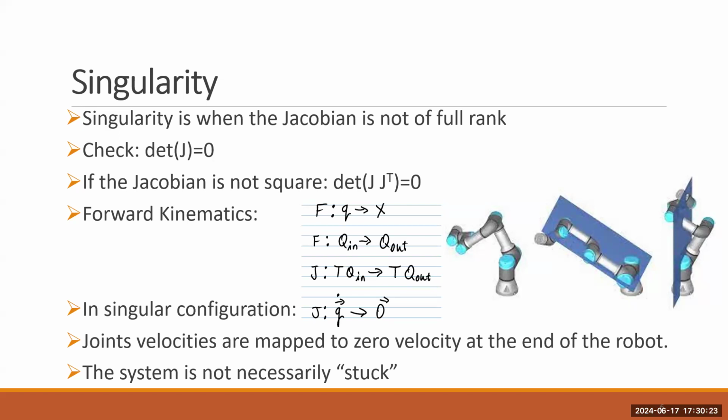And then for a robotic arm, say F is the forward kinematics. It maps from Q, the configuration parameters or the angles of the joints, to X, the position of the end effector.